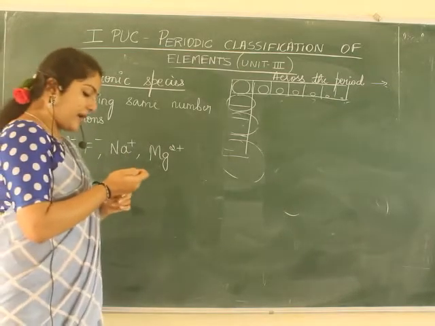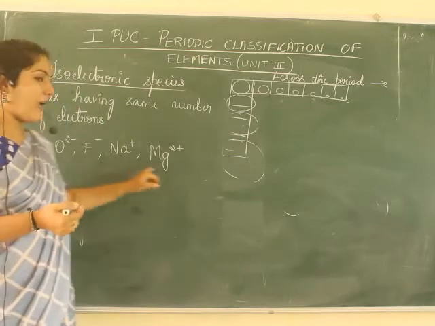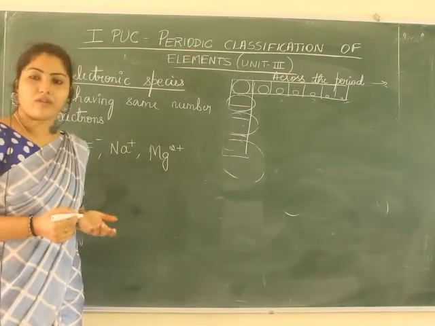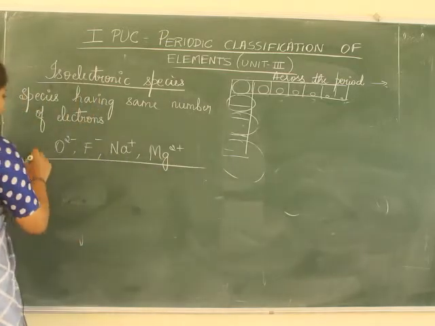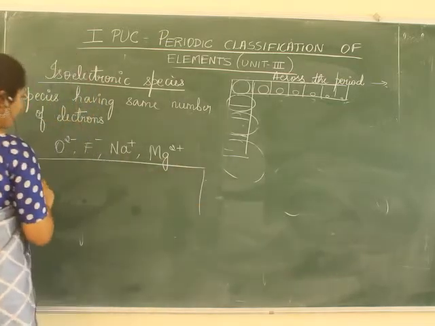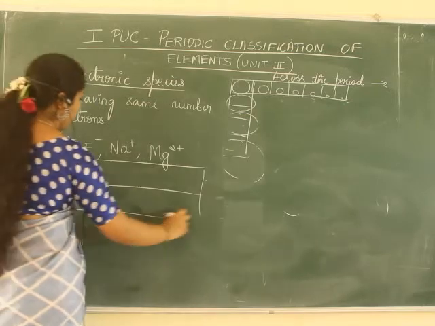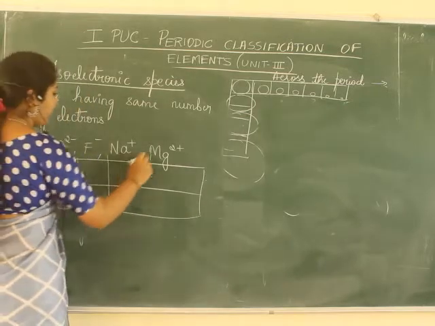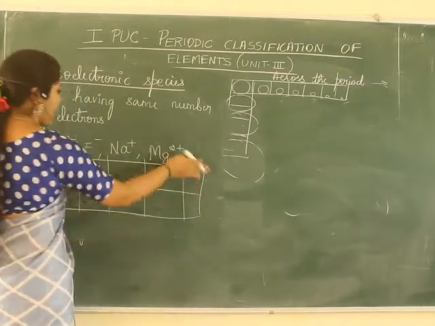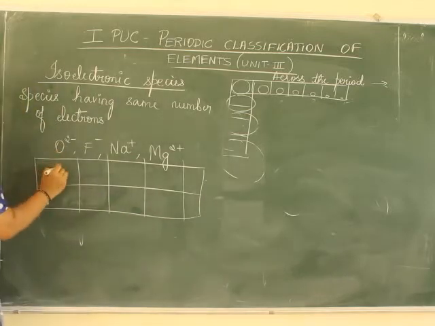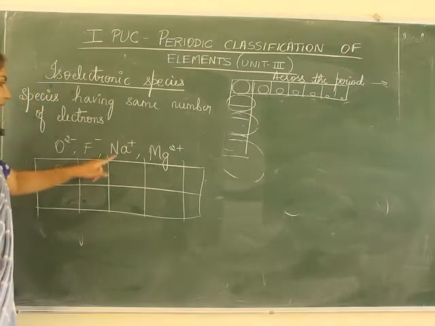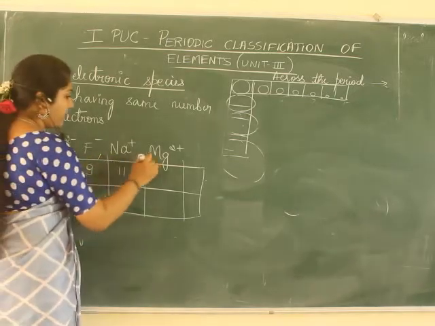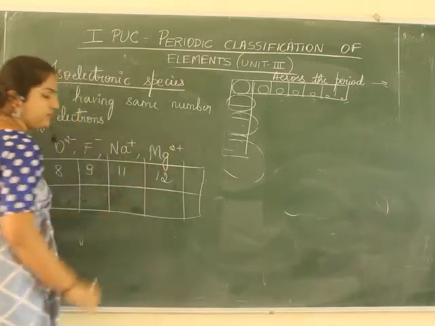Now a question may arise that these are all different atoms. How come the number of electrons will be same, isn't it? So let us see how. Write their atomic number. What is the atomic number of oxygen? 8. Fluorine 9. Yes. Sodium 11. Magnesium 12.